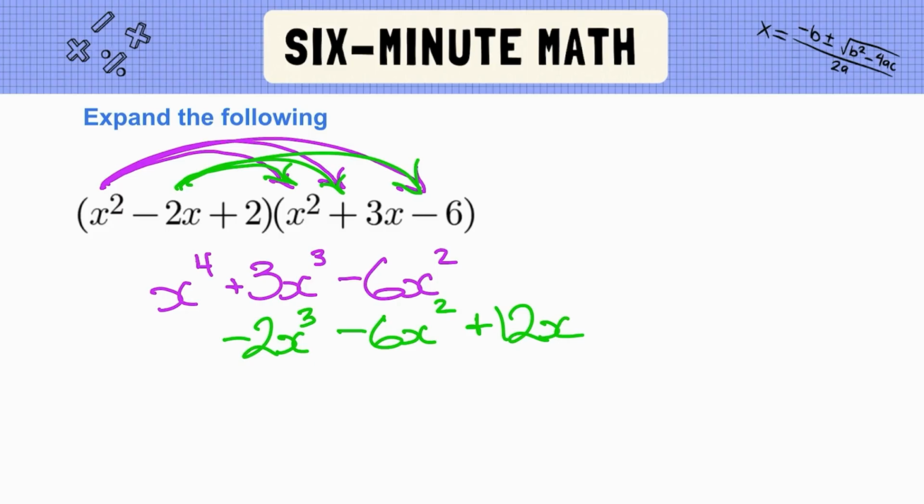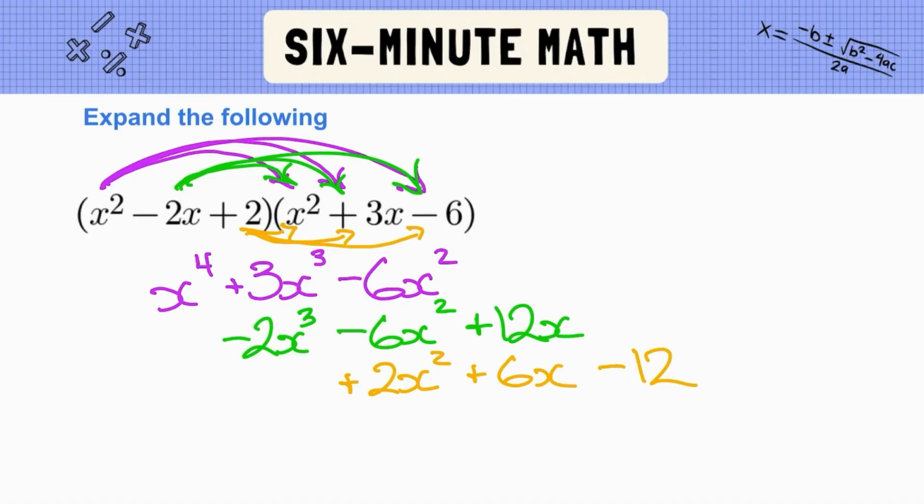And then my last one I will do in yellow. We're going to multiply my 2 in. 2 times x squared is positive 2x squared. 2 times 3x is positive 6x. And then 2 times negative 6 is negative 12.